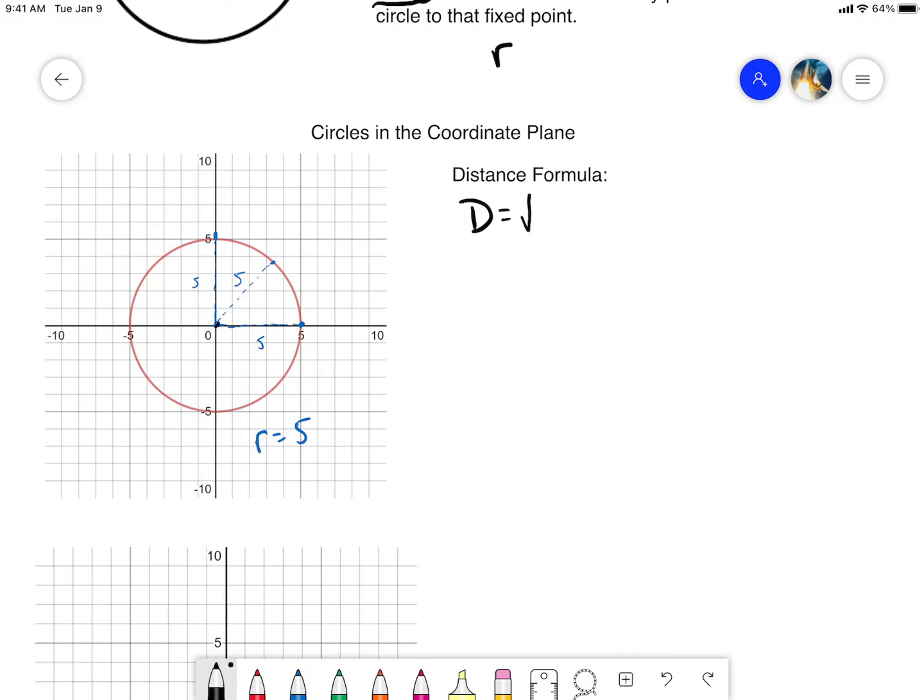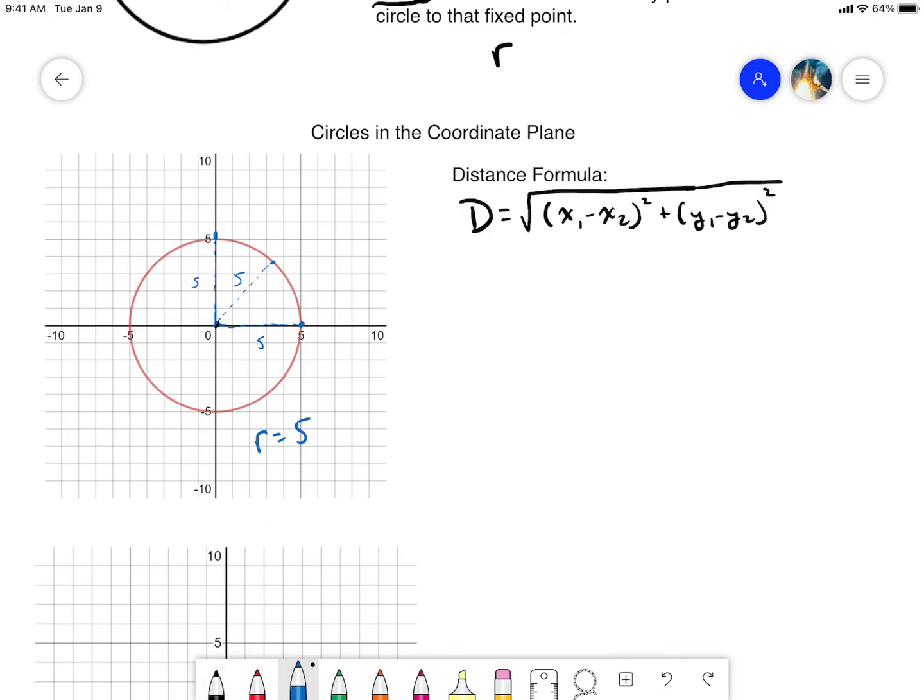The distance formula is the square root of x1 minus x2 squared plus y1 minus y2 squared. And again, this is essentially the Pythagorean theorem.